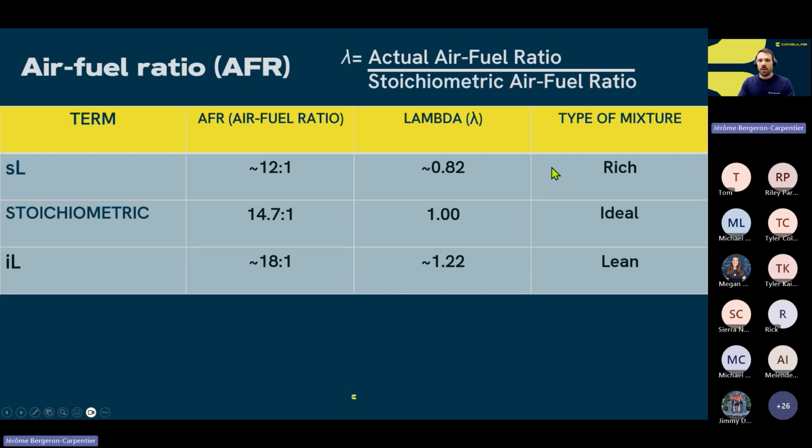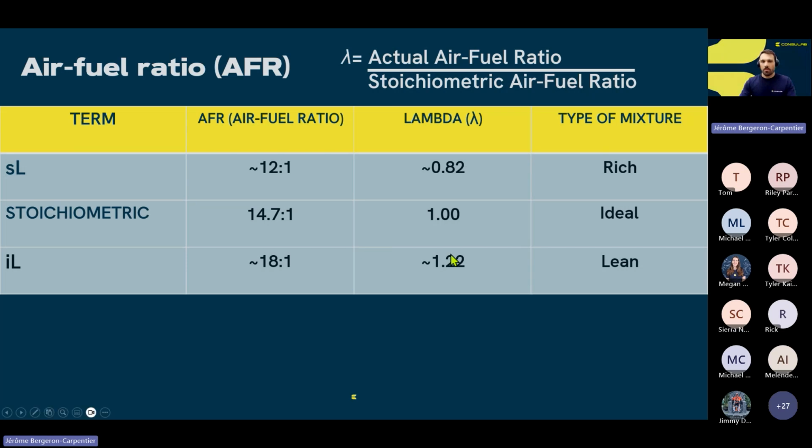The difference with lambda is that we're now talking about, let's say, 0.8. The lambda formula is the actual air-fuel ratio divided by the stoichiometric air-fuel ratio, the stoichiometric air-fuel ratio being 14.7 to 1. That tells us what our lambda stands for.